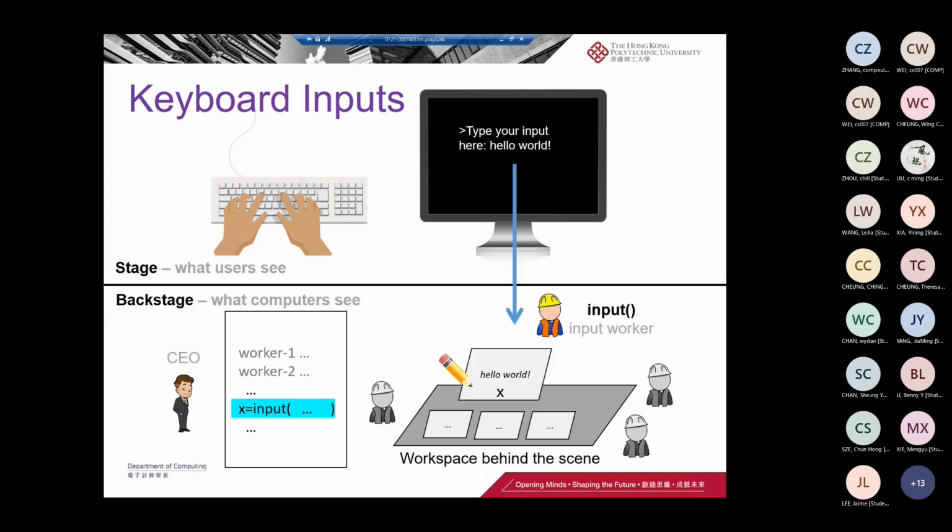So the user types the input here, hello world. The hello world string will be copied back to the car named X. It's a punchable car, so we can put new values on that car. After that, the X car holds the string hello world, and you can use it in the future.